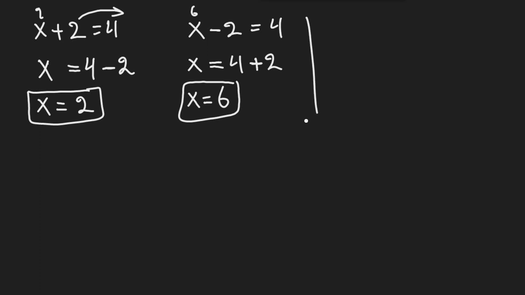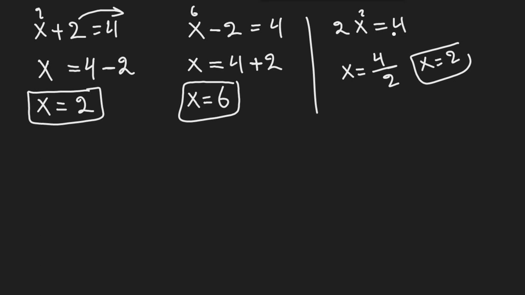If it's multiplication, for example 2x equals 4, for multiplication we use division. We divide both sides by 2, so x equals 4 divided by 2, x is equal to 2.